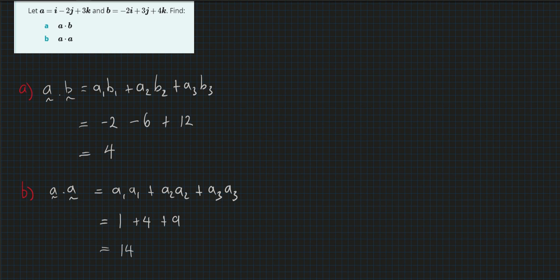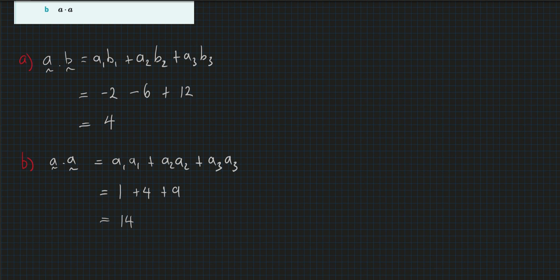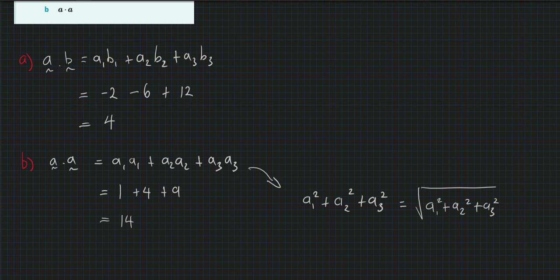So I should also mention that it should be pretty obvious to you right now that another way of looking at this is A1 squared plus A2 squared plus A3 squared, which is actually equal to the square root of A1 squared plus A2 squared plus A3 squared, all squared.